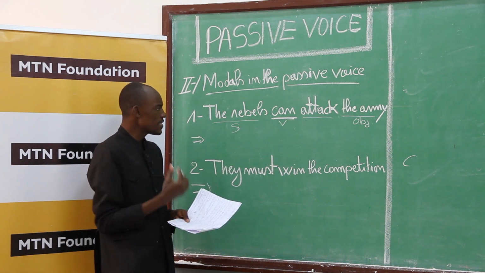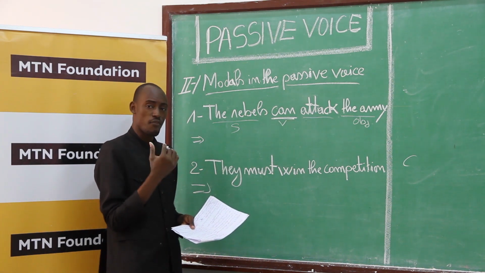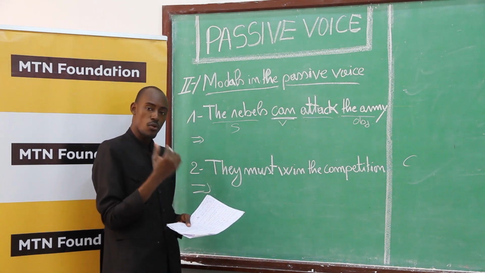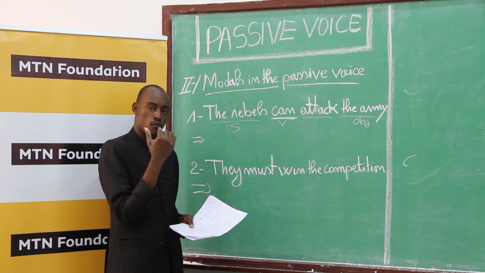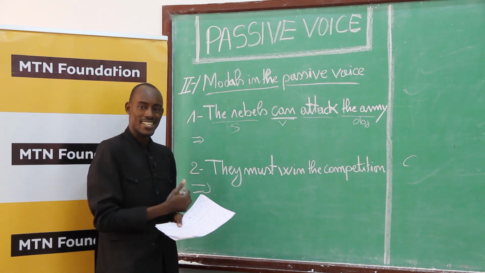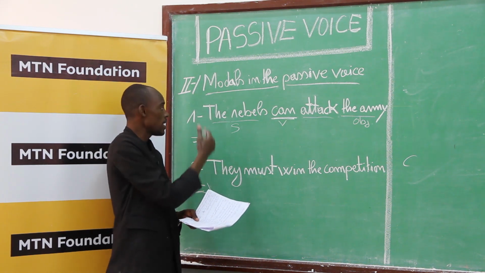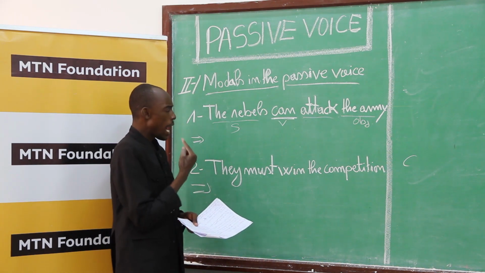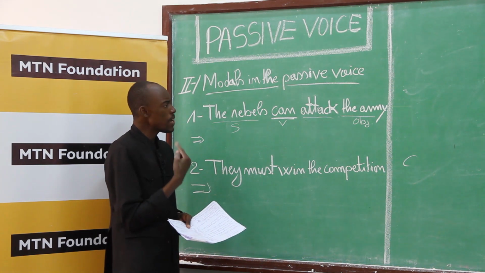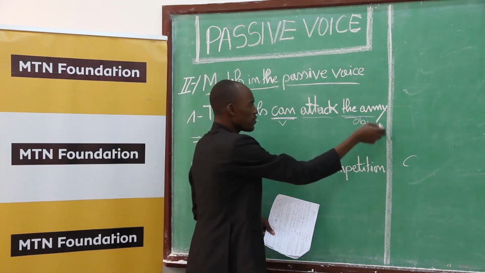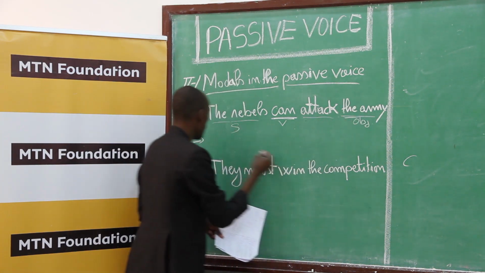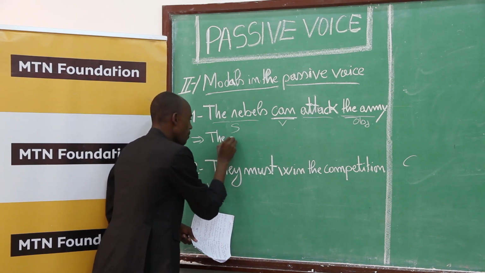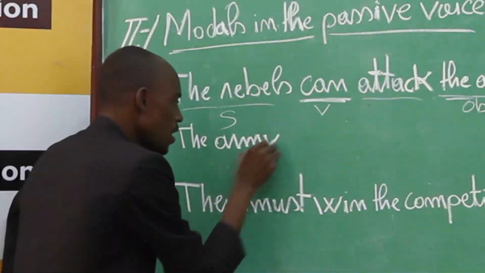Now, let's turn this sentence into passive voice. Here we have modal verbs. In passive voice, the object becomes the subject. Here we have the army.